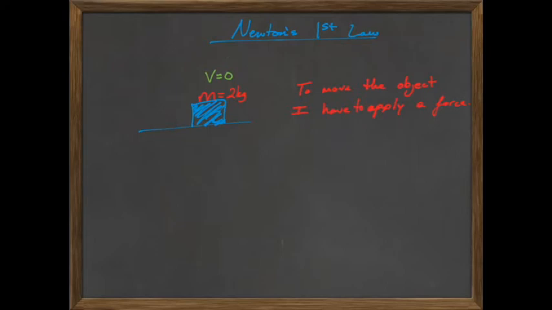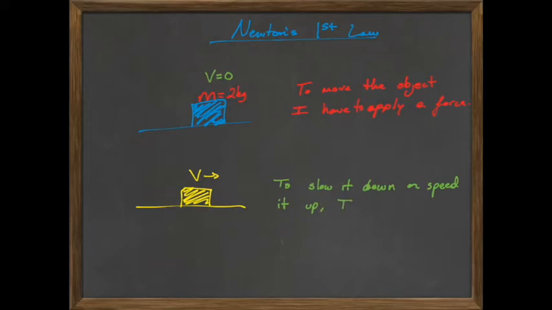Now, at the same time, what if the object was already moving? What if we had the same object, and this time it was already moving? Well, to change this movement, in other words, to slow it down or speed it up, I still have to apply a force.